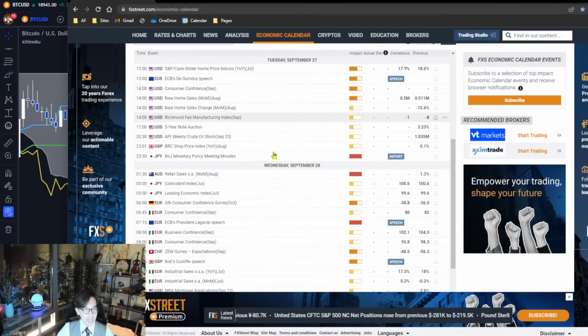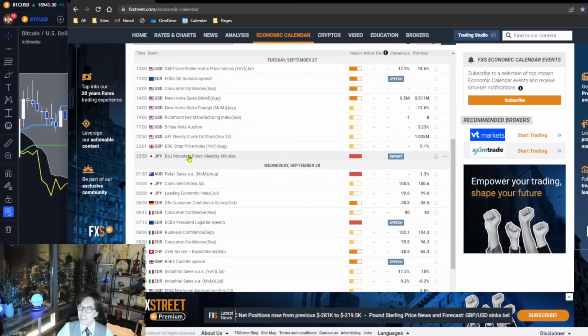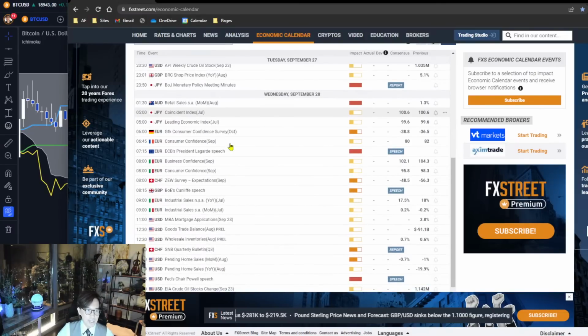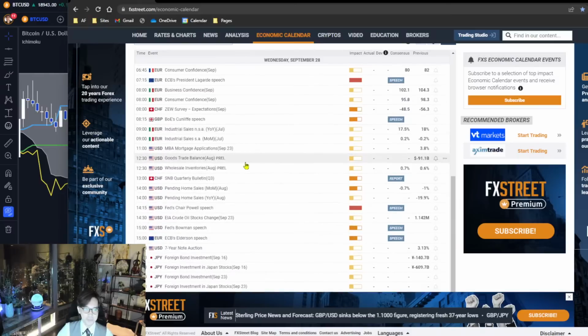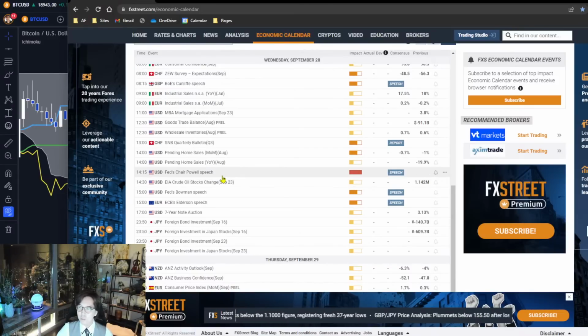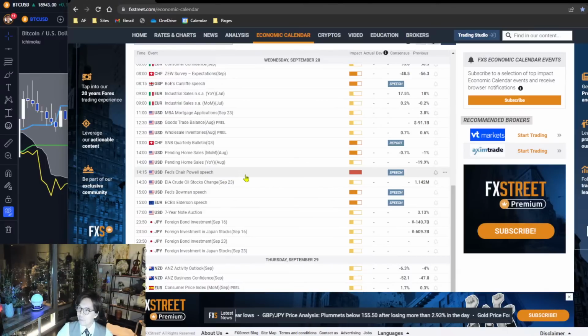And moving on to Wednesday morning in Asian session 28th, there is another monetary policy meeting in Japan, also retail sales in Australia, and another ECB President Lagarde speech in Euro. Also, Mr. Powell's speech in the US. So we have lots of speeches and also some decisions in terms of the economies.